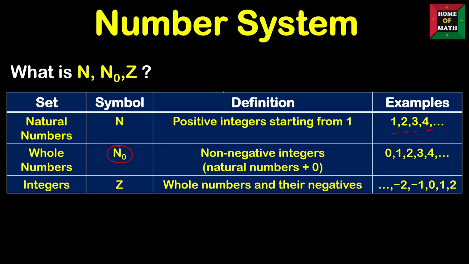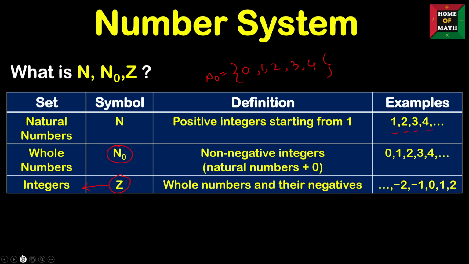It means natural numbers plus 0. Natural is 1, 2, 3, 4, like this. We just include 0, and this set is called whole numbers, which we denote N0. And the last one is Z, which is integers. Integers are whole numbers and their negatives.